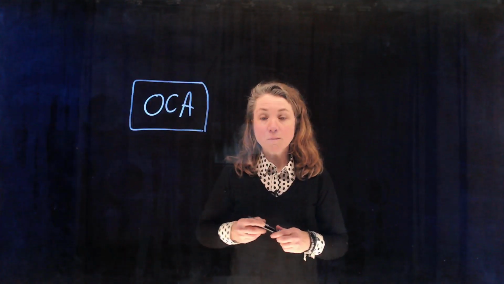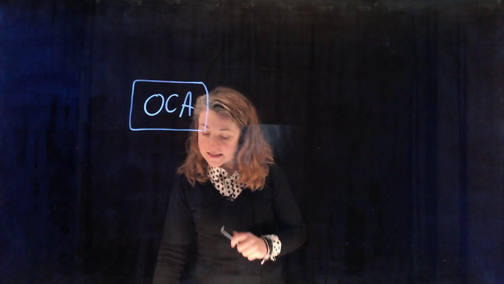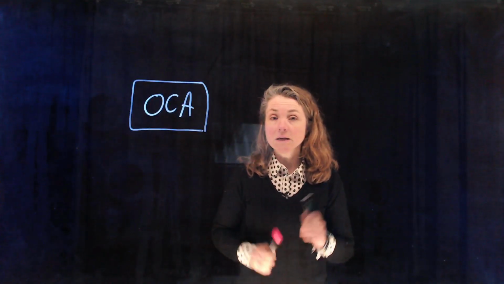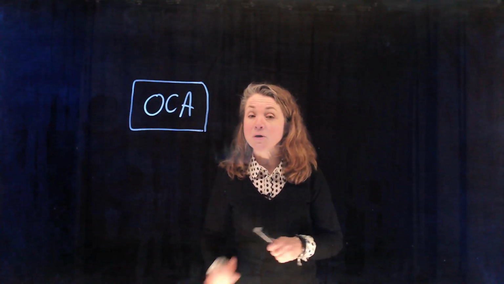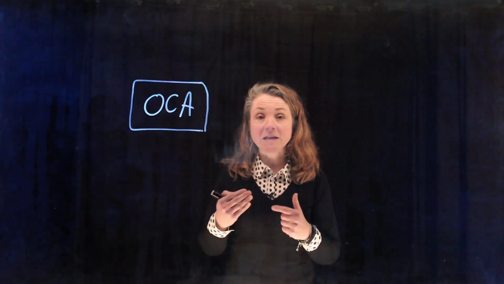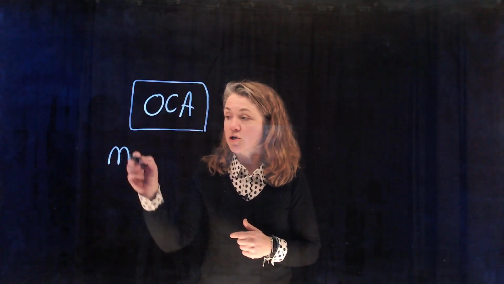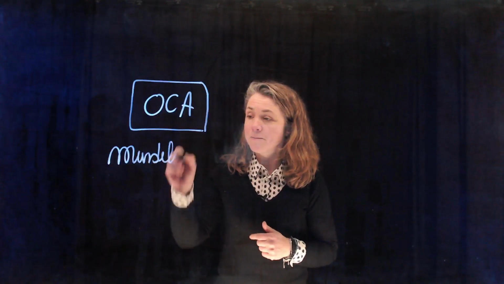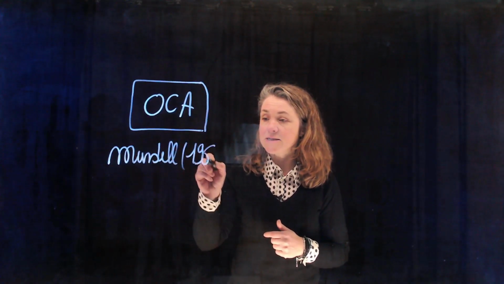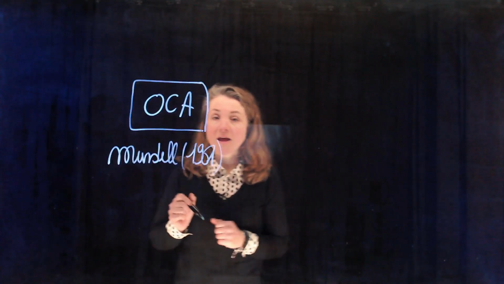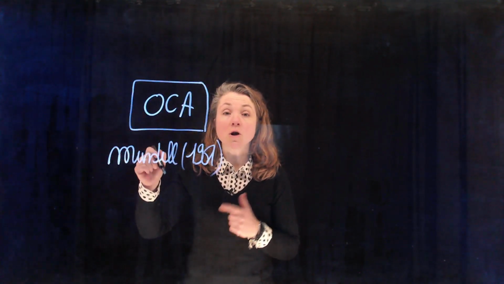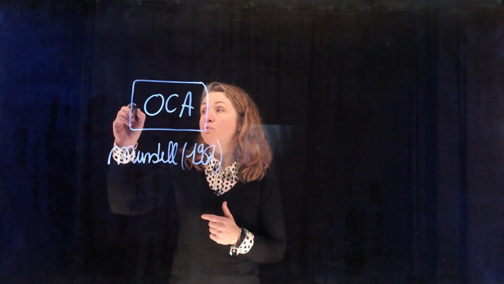First of all, Mundell in 1961 considers that it is quite important to distinguish depending on the nature of the economic shock. Mundell explained that when economic shocks are symmetrical, there is no problem.